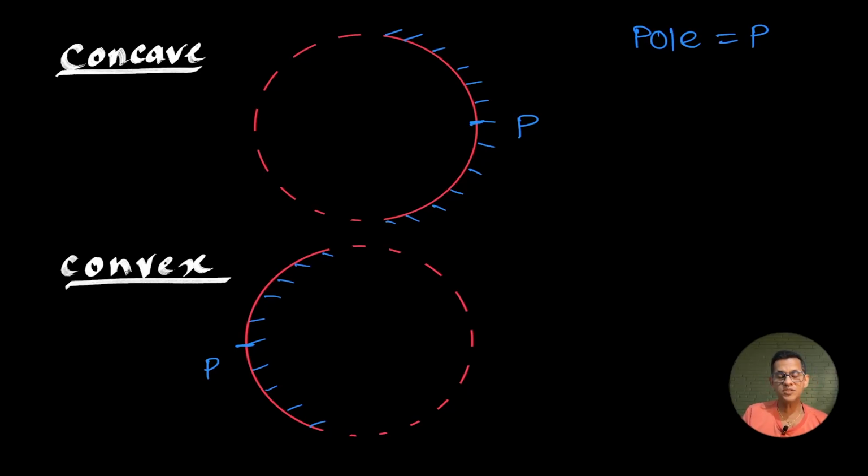The center of the sphere from which the mirror is made is called the center of curvature, given by letter C. I repeat, the center of the sphere from which the mirror is made is given by letter C, and it is called the center of curvature, as I have marked for both the mirrors here.